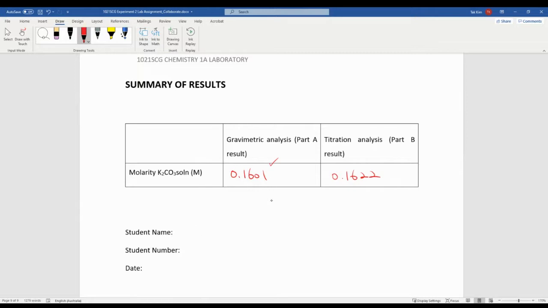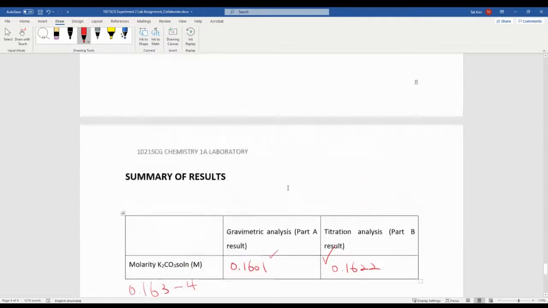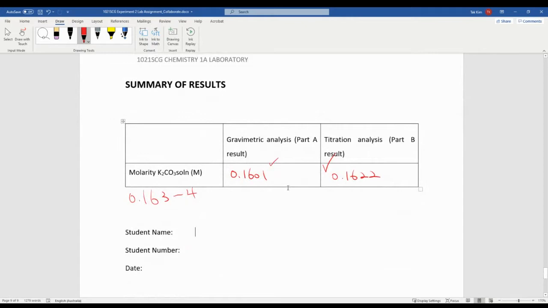That is why this is always less than titrimetric analysis, and the exact number for the unknown solution is about 0.163, between 0.163 and 0.164, right? So when you look at the actual number, titration analysis is much more accurate than gravimetric analysis, right? But you don't really have to state these because there's no question asking about why it is different or something like that, right?